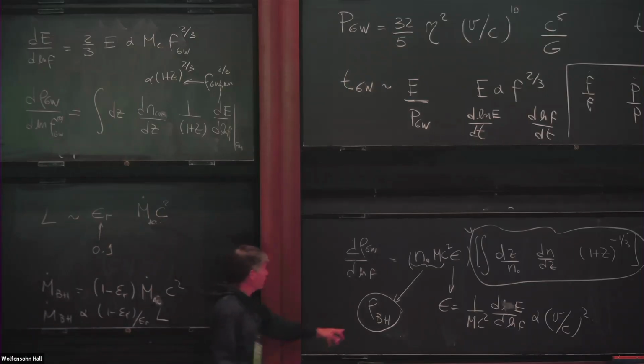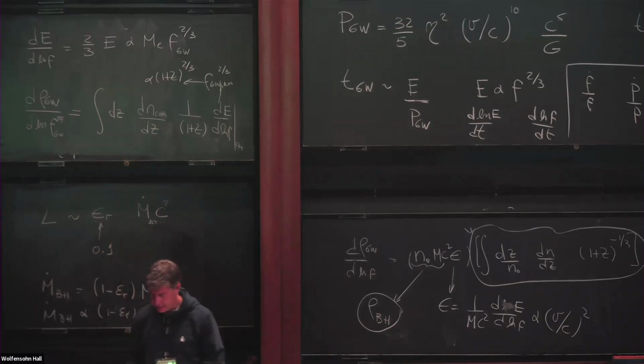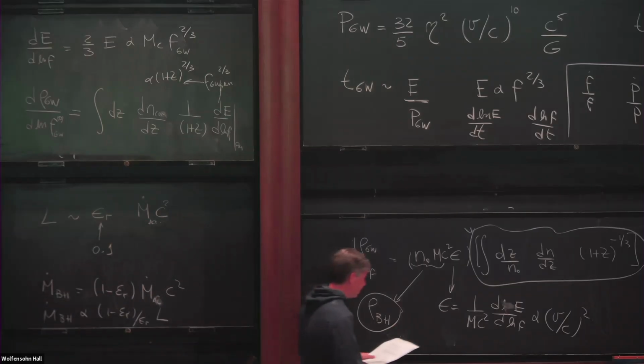I don't really need to know very much. This argument will not tell me how massive they got, but it will tell me in total, given that all of this energy was radiated out and is related to the mass that was falling into the black hole, how much mass ended up in black holes. That path is called the Soltan argument.